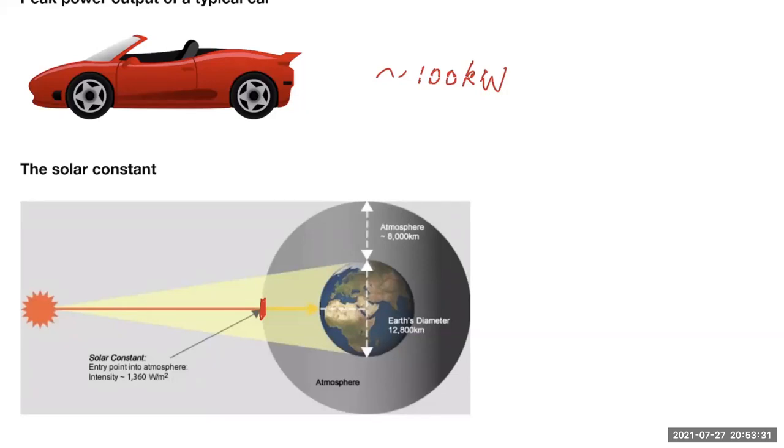How much power do you intercept from the sun? That is called the solar constant. And to 2 significant figures, it is about 1.4 kilowatts. So the intensity, which is the intercepted power divided by area, is 1.4 kilowatts per meter squared. That is known as the so-called solar constant.